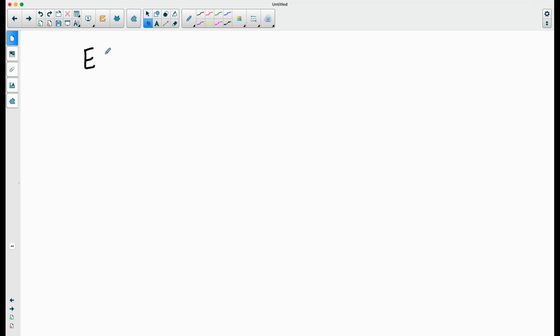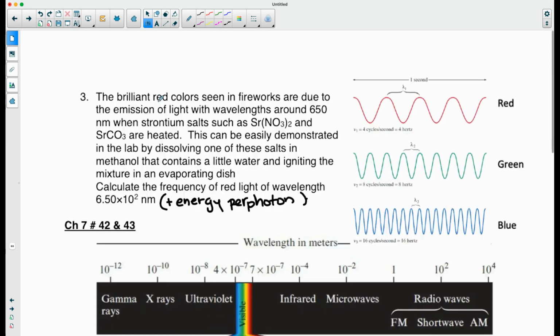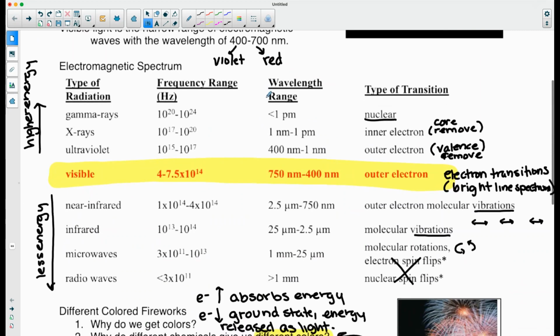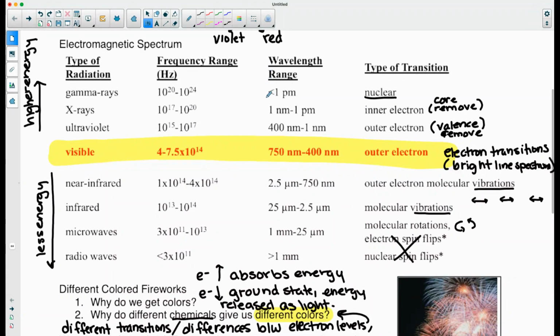We said that light is part of what we call electromagnetic radiation, and that this electromagnetic radiation can be defined by the wavelengths of the different types of energy and the different types of light.